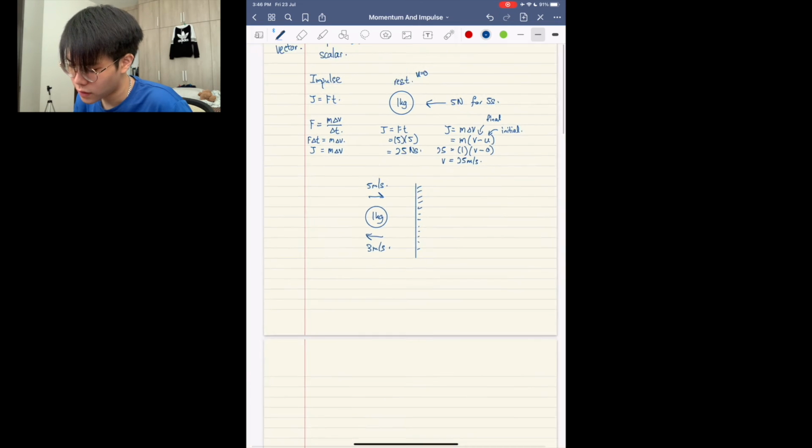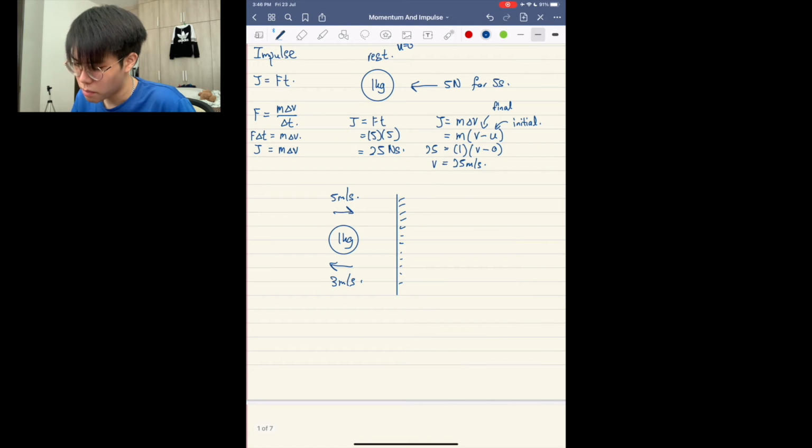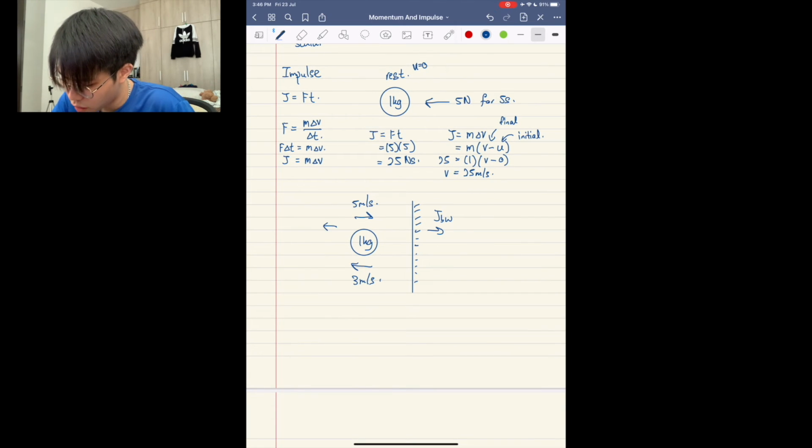This is kind of tricky, so you need to know which is "on" and which is "by". There are two impulses in here: the impulse on the wall by the ball, which is BW, and the impulse by the wall on the ball.